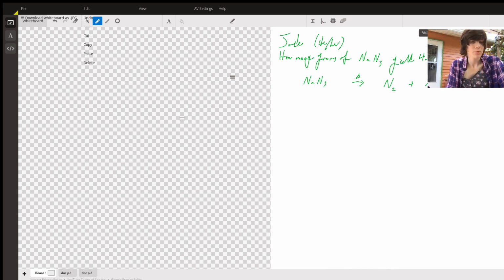So let's put a 2 in front of NaN3. That brings us up to 2 sodiums on this side, so we need 2 sodiums on that side, and 6 nitrogens on this side. Hey, look at that, 2 times 3 gives us 6. So now we have a balanced equation.